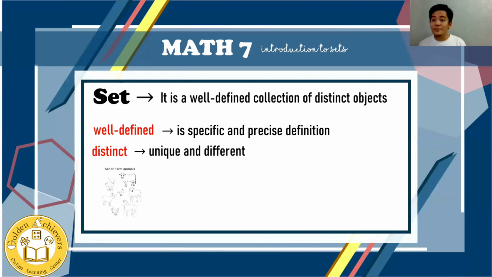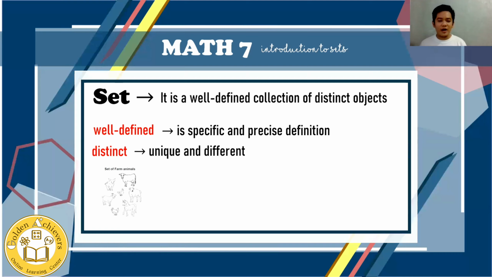We cannot say that an eagle is a farm animal, that's why eagle is not part of this set. We can say that a pig is a farm animal, that's why pig belongs to this set. So any farm animal belongs to this set because it is well defined.